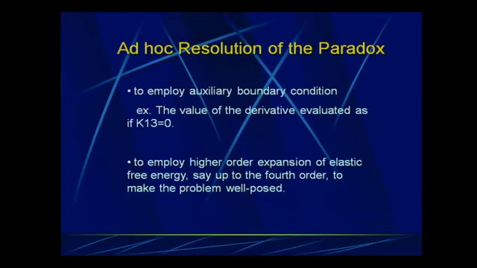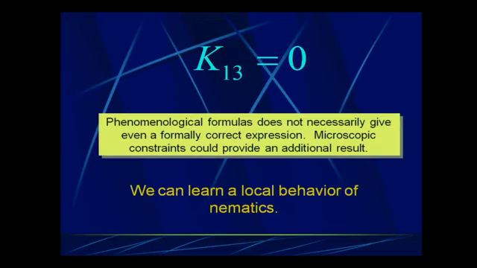There are a couple of attempts to solve this problem in practical cases or theoretical background, and I don't have enough time to go into any detail of these ad hoc things. So this is my conclusion, K13 equals 0.